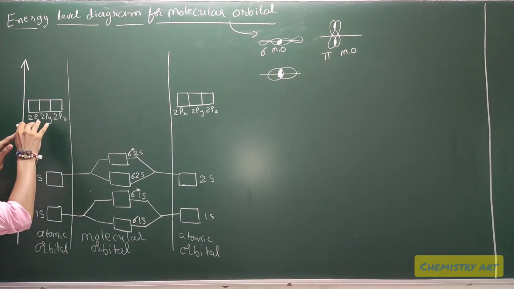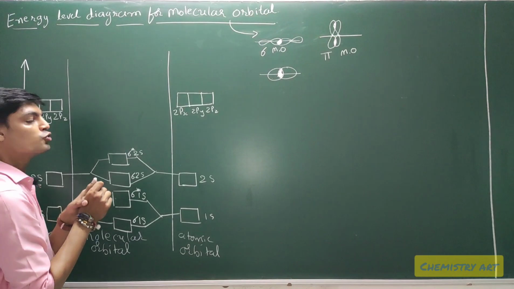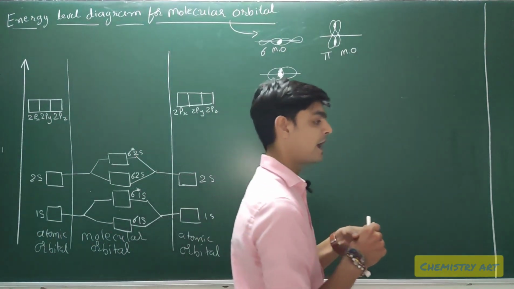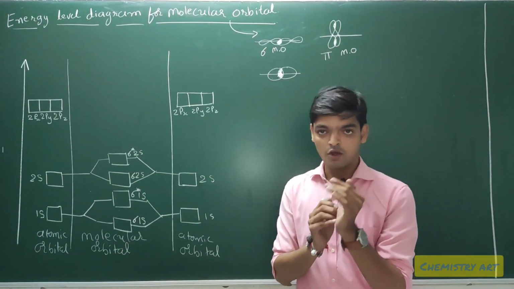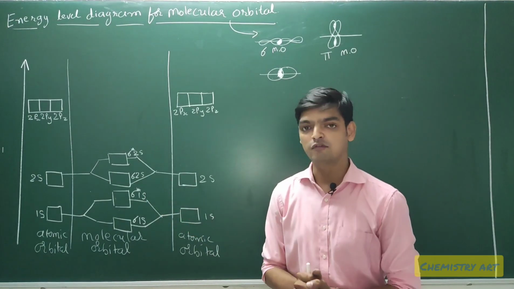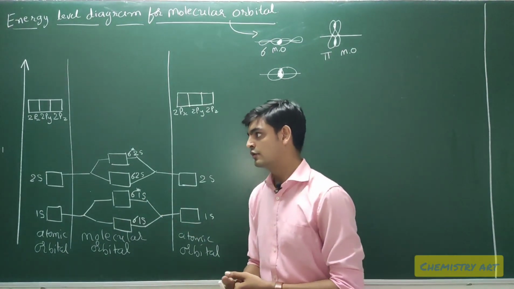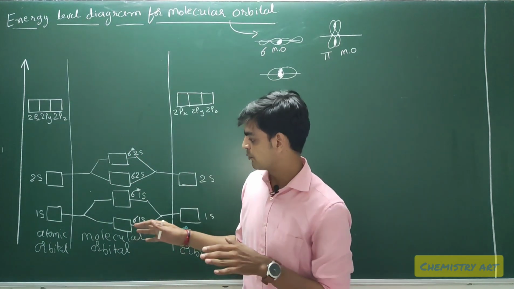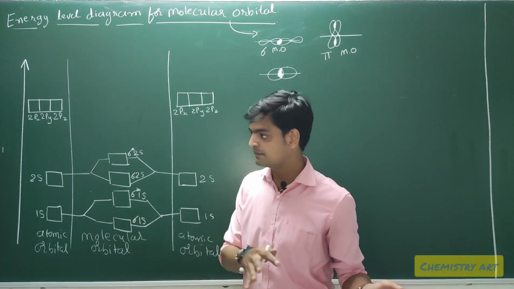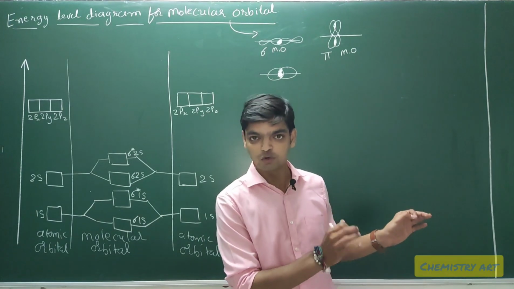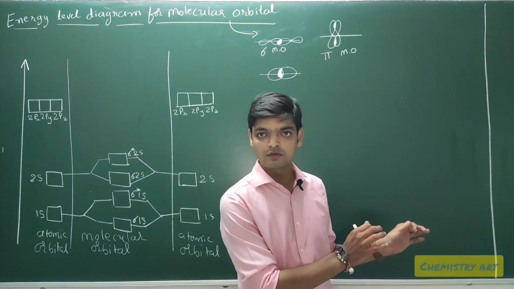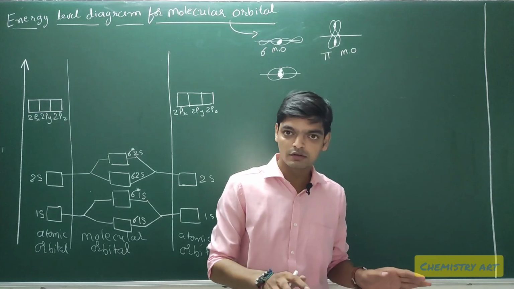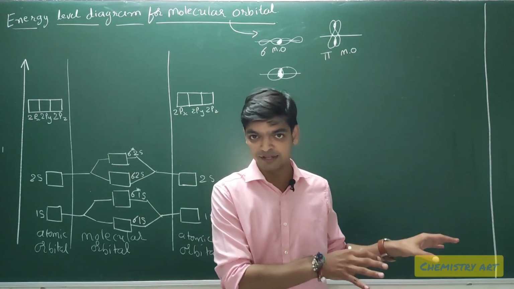Now in 2p, 2px, 2py, 2pz are there, and here we have to see the order of the molecular orbitals which are forming, and that is very important. So now we are drawing the order of the molecular orbitals except for oxygen O2, F2, Ne2. We are not discussing these molecules.